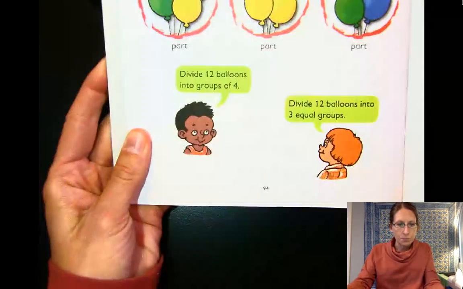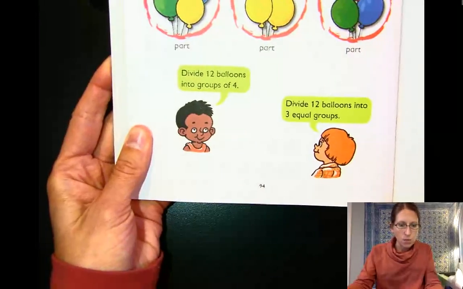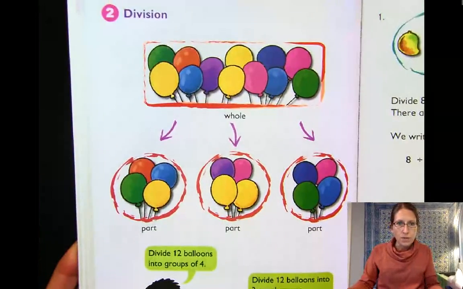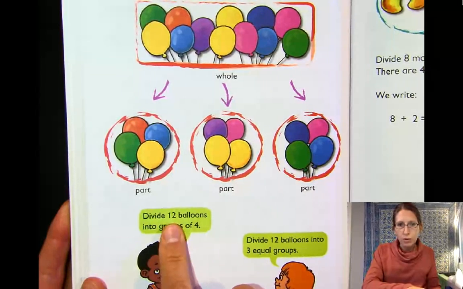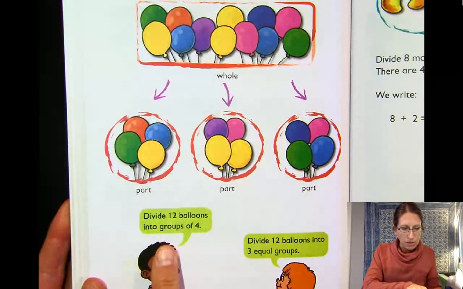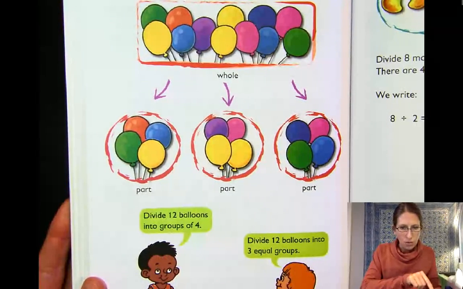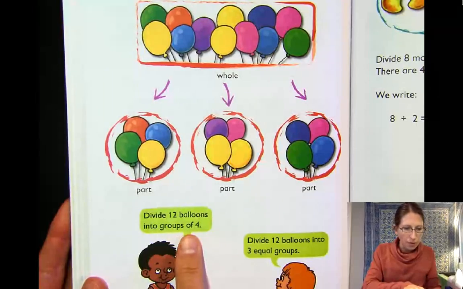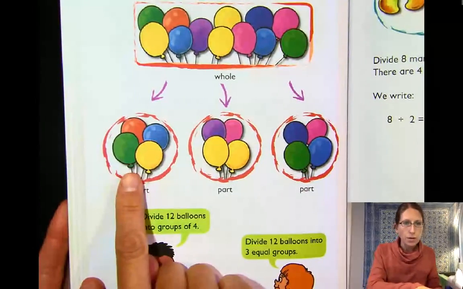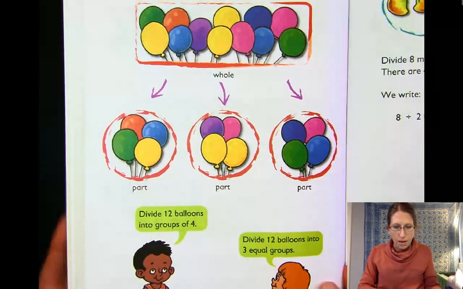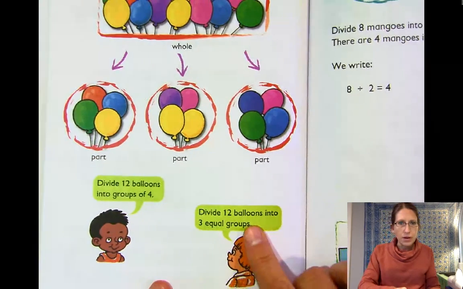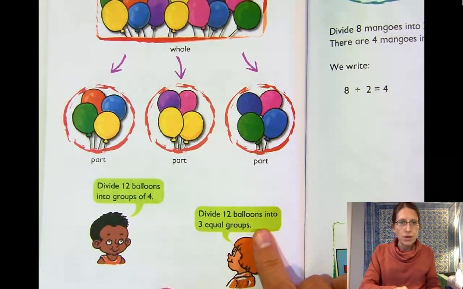We looked at page 94, and we talked about, for example, if you had 12 balloons and you wanted to put them into groups of 4, then you could put 4 here, 4 here, and 4 here. But you could also divide 12 balloons into 3 equal groups.